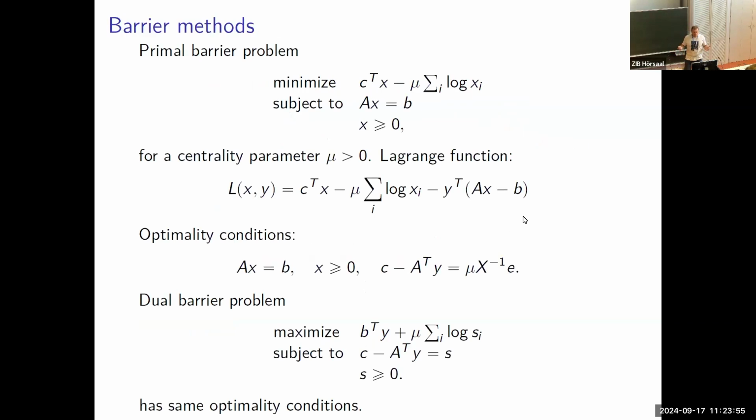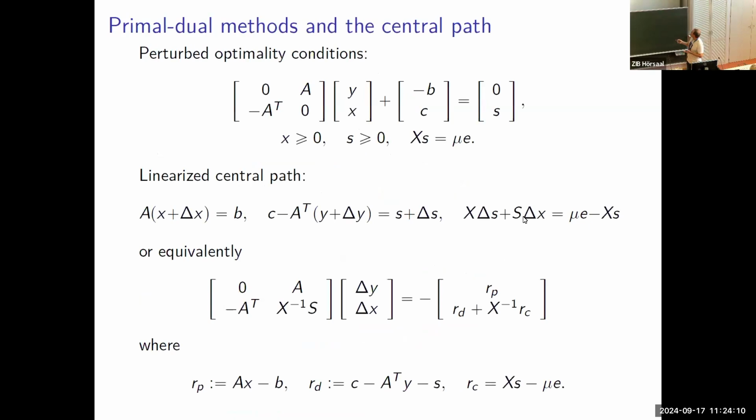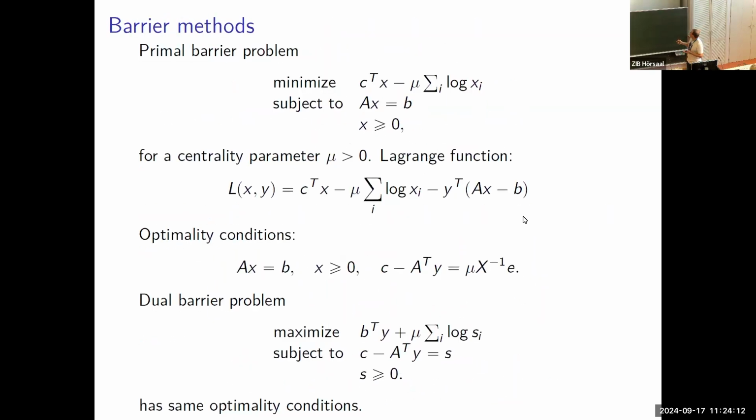So what the talk is about is barrier problems, barrier methods. What is a barrier method or barrier problem? There are different ways to define it, but one way is just to say we have a primal barrier problem where we augment the objective by a term including the sum of logarithms of the x_i's.